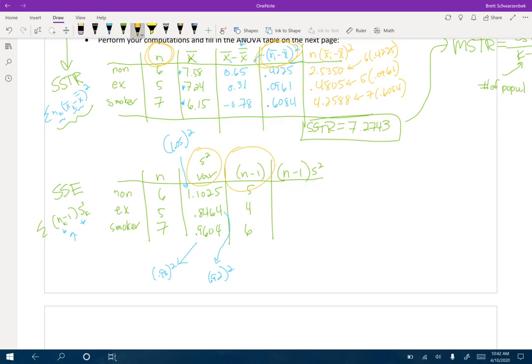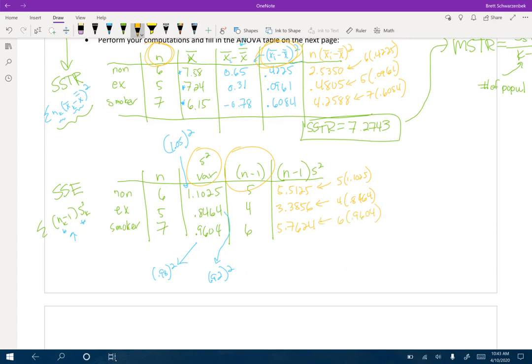First of all, this value is going to be 5.5125. How did I get it? I got it by doing 5 times 1.1025. Next value is going to be 3.3856, which I get by multiplying 4 times 0.8464. Last value is going to be 5.7624, which I get by multiplying 6 times 0.9604.